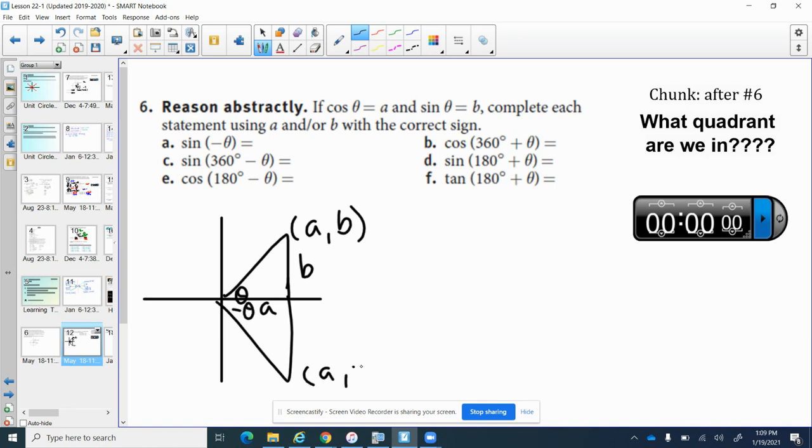It's again the same cosine value, but a different flipped sine value for B. So our sine would be the negative of B of what it was in quadrant 1.